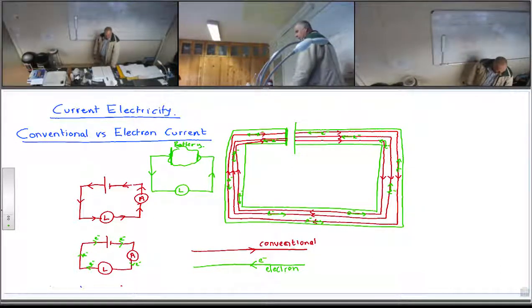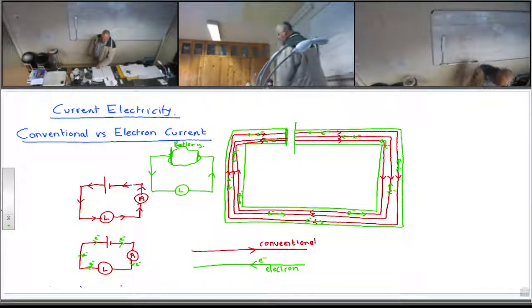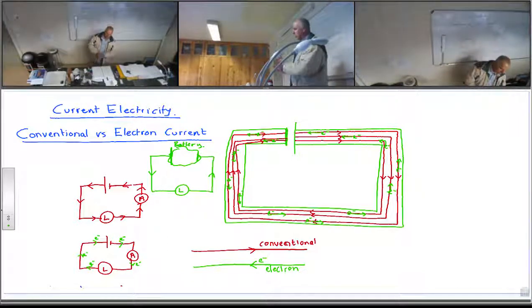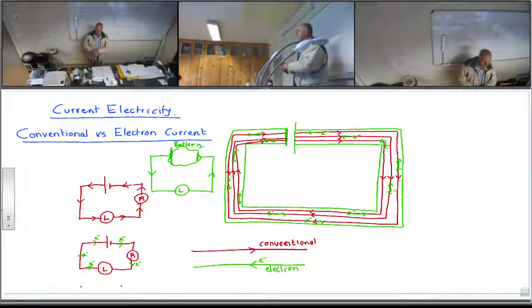And just the bottom line, I don't know if it's come out in the photocopy. Generally in matric or in grade 11, we use conventional current. All your textbooks talk about conventional current. You'll only start talking about electron current when we get to electricity in chemistry, which we will do next year. Then we talk about electron current.